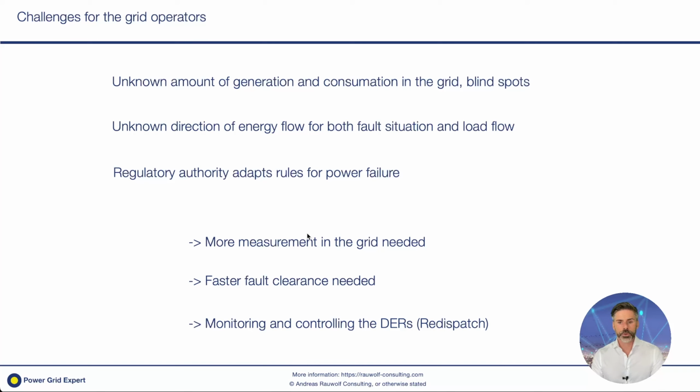This is a big challenge, and it's done step by step, starting with the biggest DERs. They are already controllable. At the moment, the medium-sized DERs are being retrofitted with these possibilities. And at the end, most probably the small DERs will have that function as well.